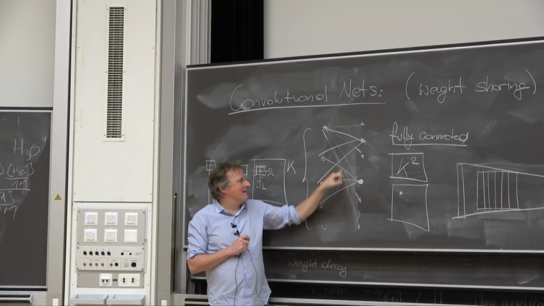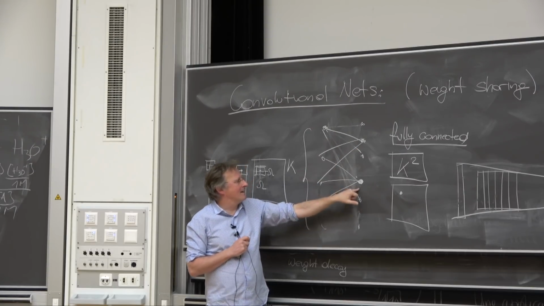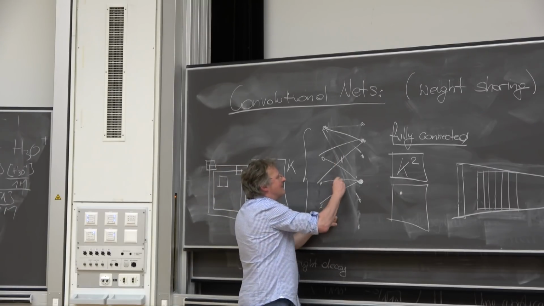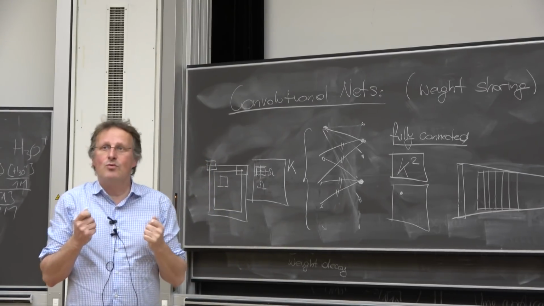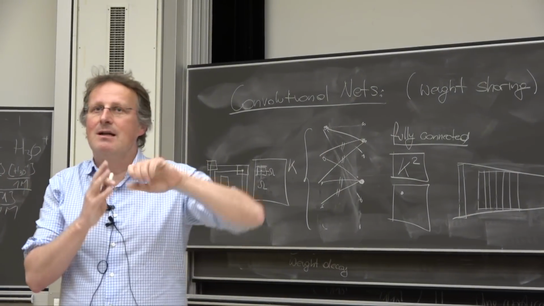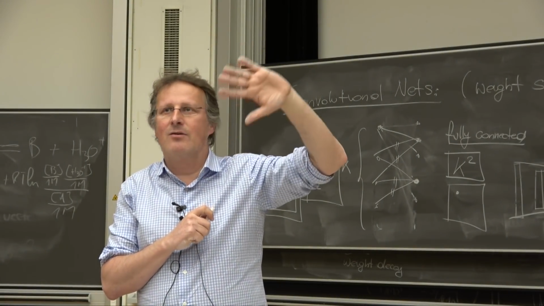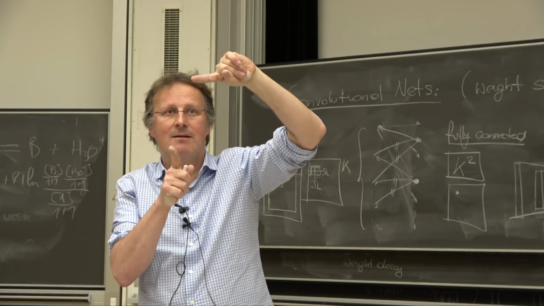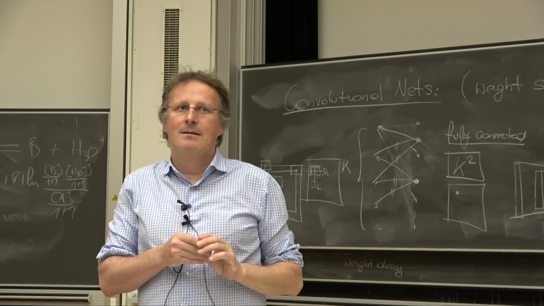But now what we are saying is that these two values must actually be the same, because we're using what's called weight sharing. This filter here and this filter here are identical. So this edge is the same as this edge, and this edge is the same as that edge. The question is, what do we do? Can we still use something like backpropagation, given the restriction that these edges cannot take on any value? Certain edges have to take on the same weight, because by definition we assume they have the same weight. Make sense?